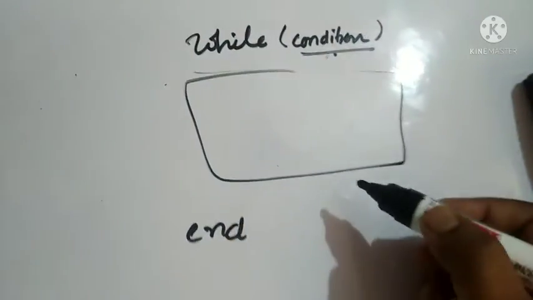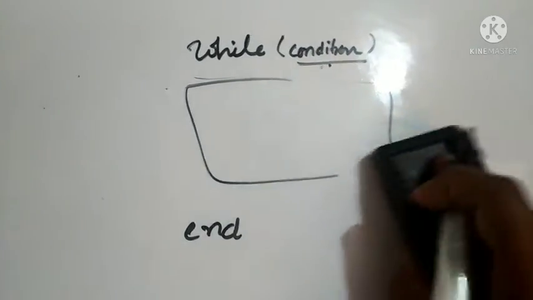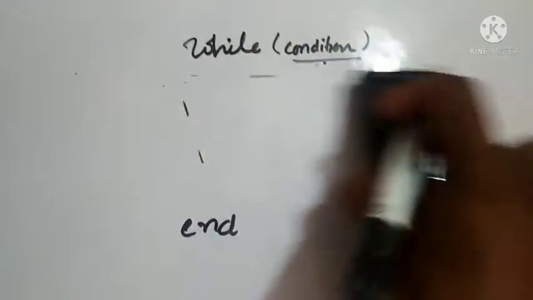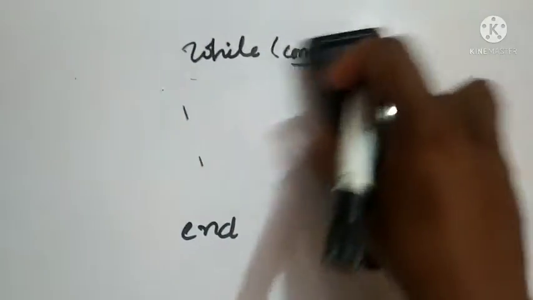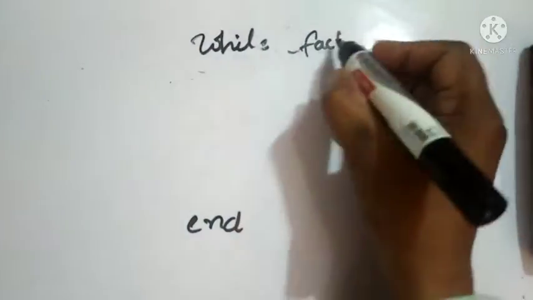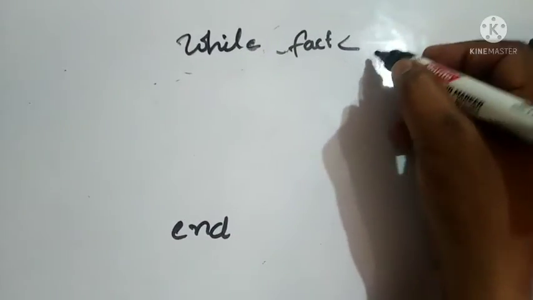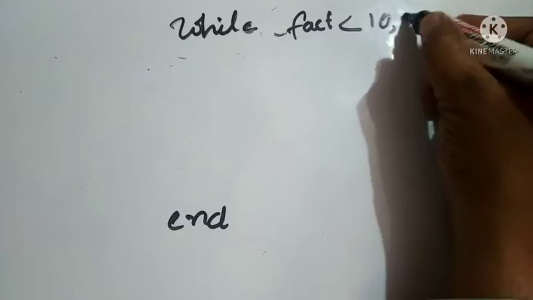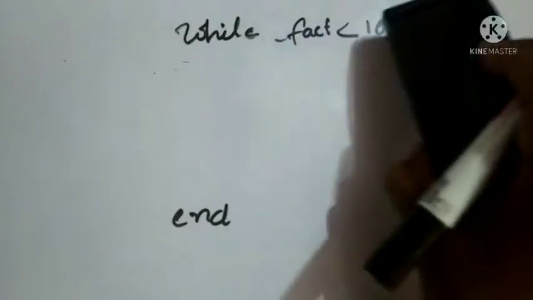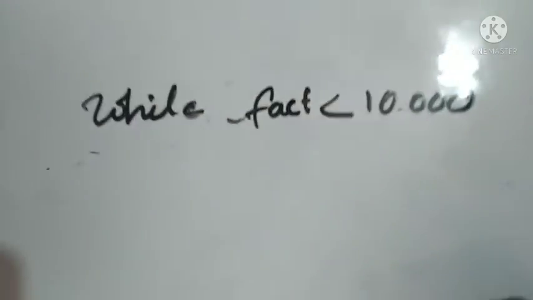If I take the same factorial example, we can say until the value of fact is less than 10 lakh. Brackets are not needed, but if you want, you can put them.